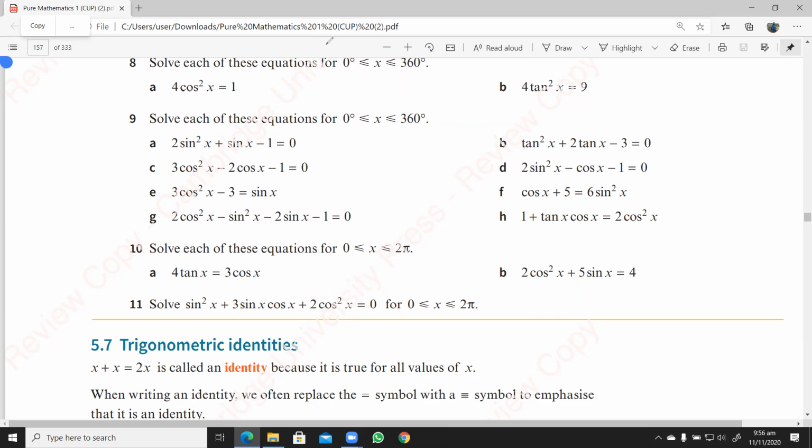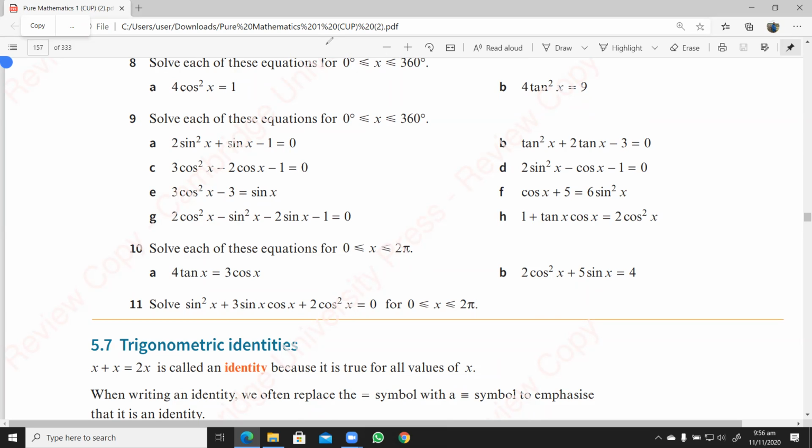Yes, 9G. You have both cos square x and sine square x, and then there is sine x. So would you change cos square into 1 minus sine square, or sine square into 1 minus cos square? Because there is a sine x, you can do nothing about that, okay? So you need to change that cos square into the sine square form.